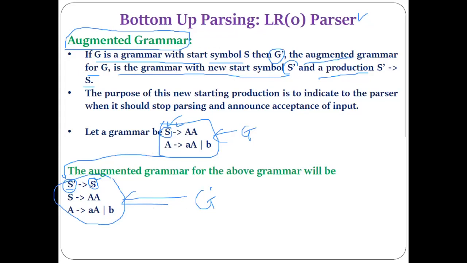For this augmented grammar, our starting symbol is S dash, and its production is deriving S. So that is being referred to as the augmented grammar.